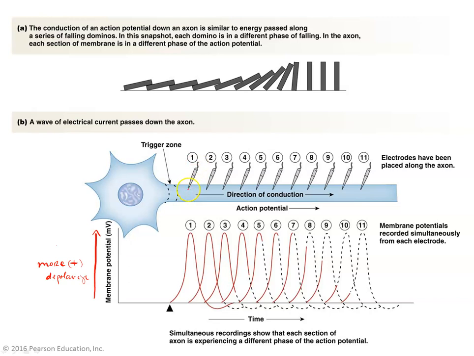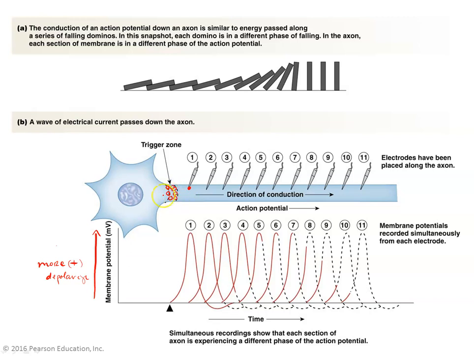All right, now look at electrode 1. I'm measuring the voltage right here in this portion of my axon, okay? Now remember, the trigger zone: if I reach threshold, about negative 55, negative 50, it varies, but let's just say around negative 55, then a whole bunch of sodium voltage gated channels are going to open.